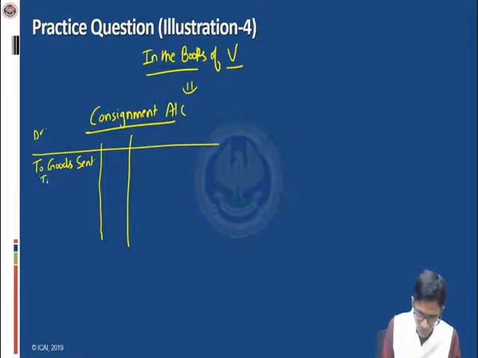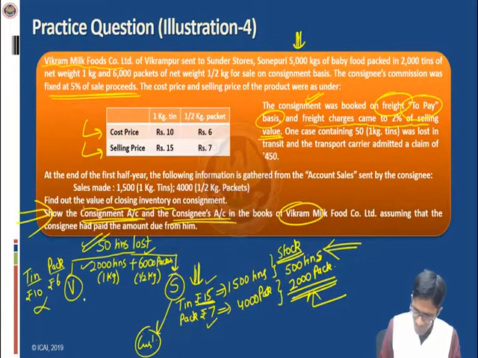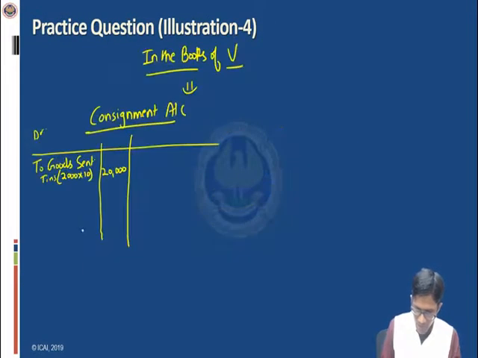So tins 2000 multiplied by 10 gives us 20,000. Secondly, packets 6,000 with a rate of ₹6 per unit gives us 36,000.